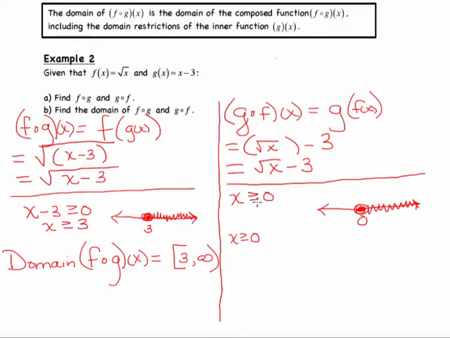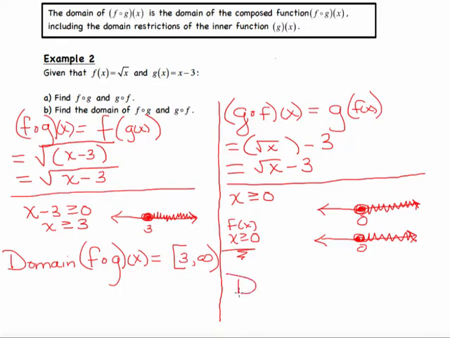And it's pretty much the same domain as the composite function. It does have a domain restriction, but the domain restriction is exactly the same. So the domain of my composite function is x has to be greater than or equal to 0. And when I look at just f of x all by itself, its domain separately is exactly the same. The x's have to be greater than or equal to 0.